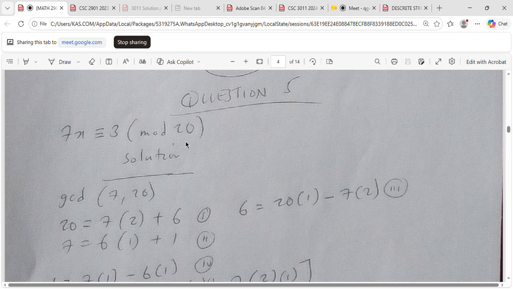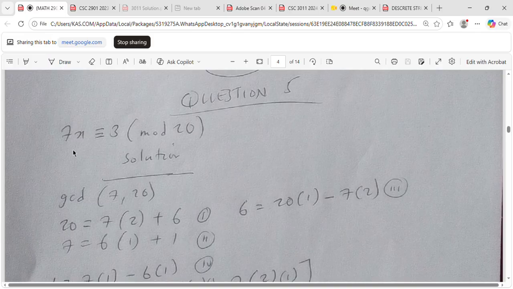Okay. So we have this. So wherever a question comes like this, please always know that they want the value of x for which this condition is going to be true.